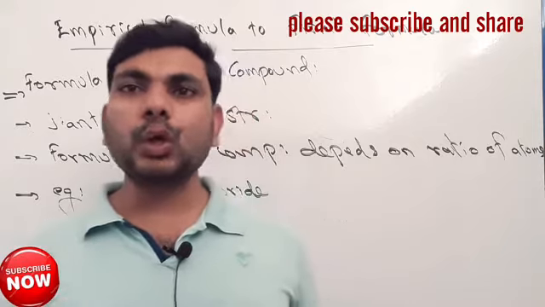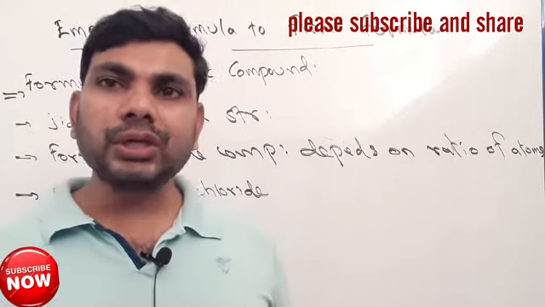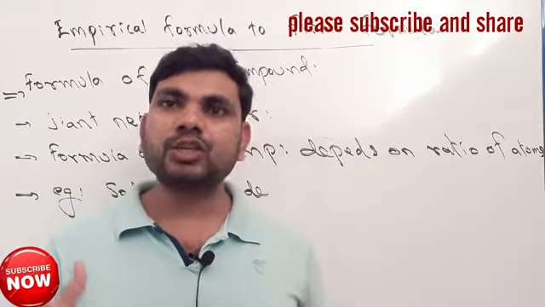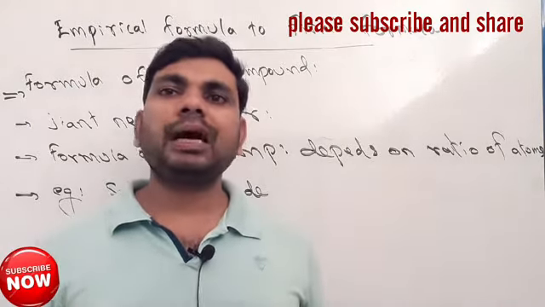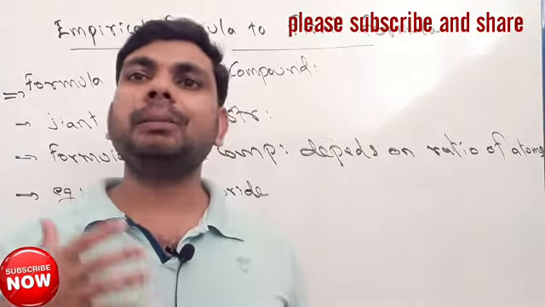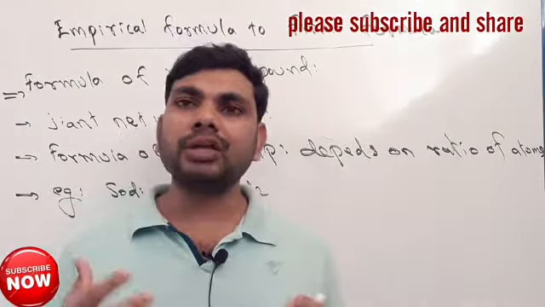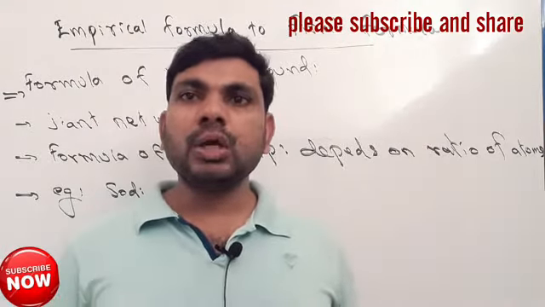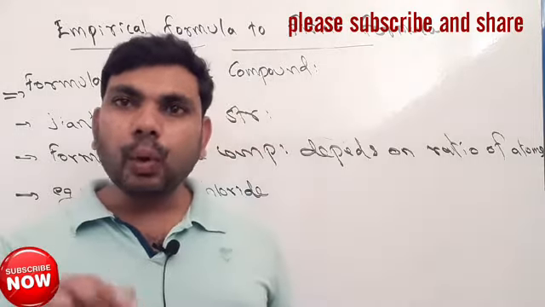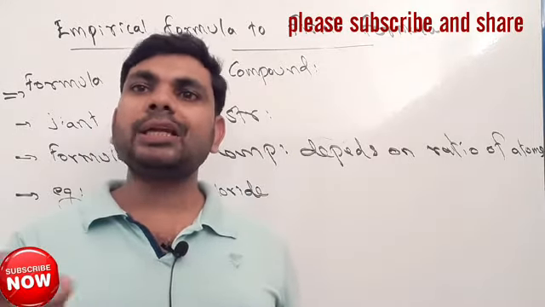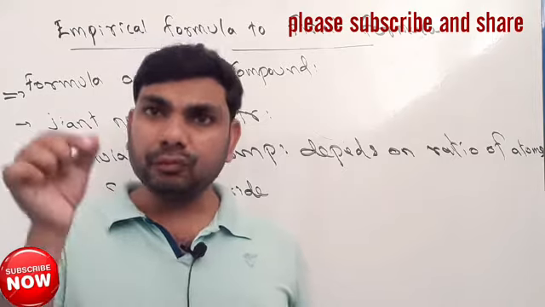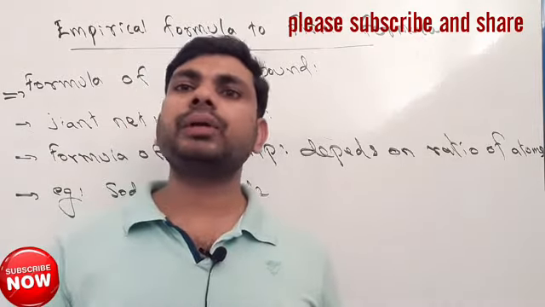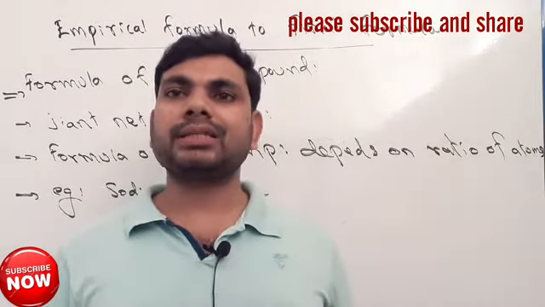For example, sodium chloride has a giant network structure, and many sodium and many chlorine atoms are joined together to form a three-dimensional network structure. So you cannot say one molecule contains one sodium and one chlorine; it contains many sodium and many chlorine atoms.